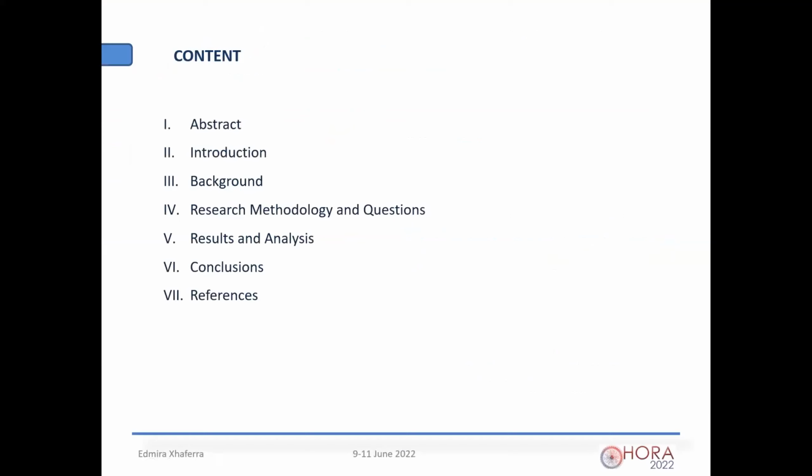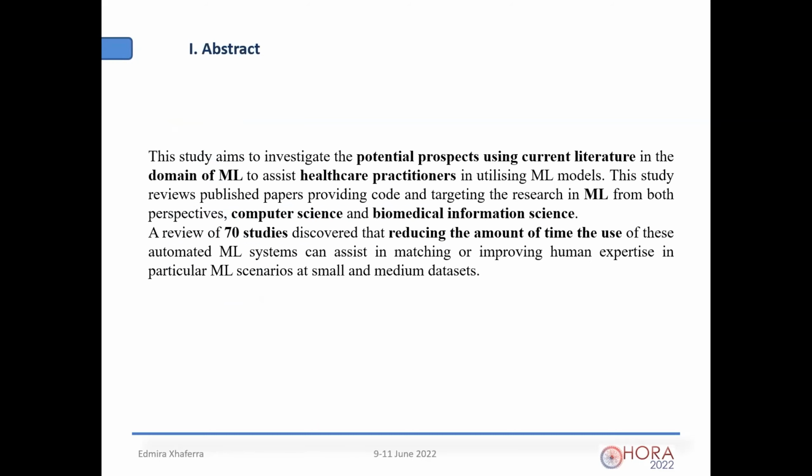The content of this study is as follows: abstract, introduction, background, research methodology and questions, results and analysis, conclusions and references. The purpose of this study is to investigate the potential prospects using current literature in the domain of machine learning to assist healthcare practitioners in utilizing machine learning models.